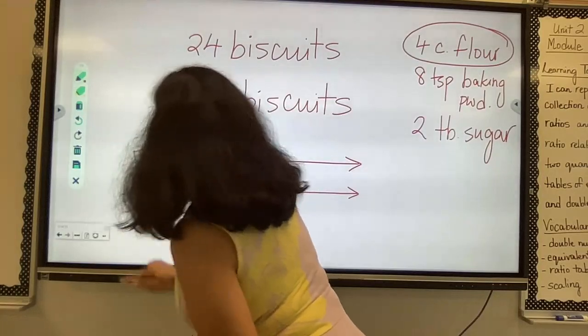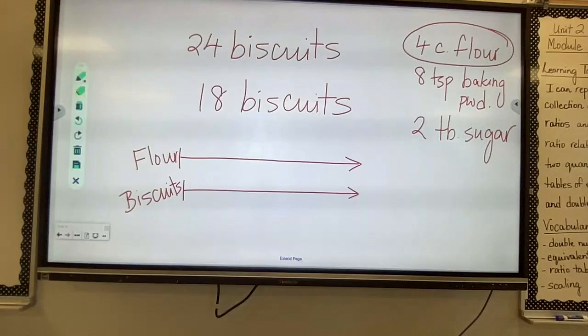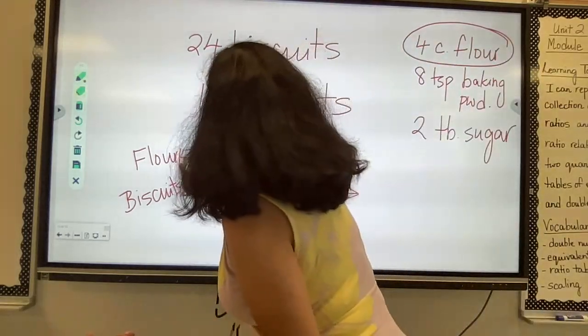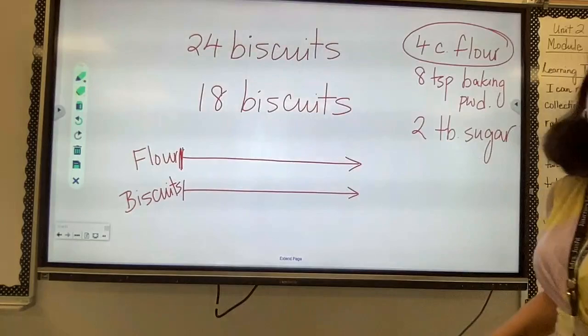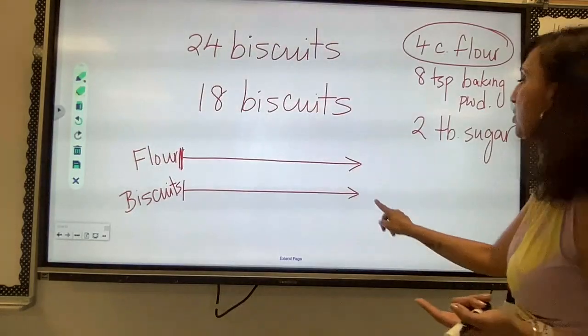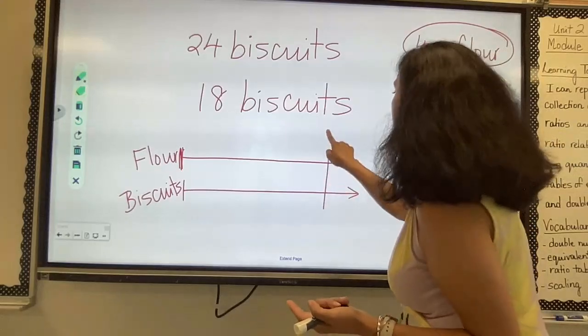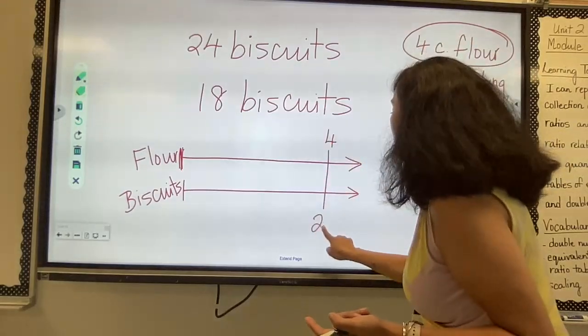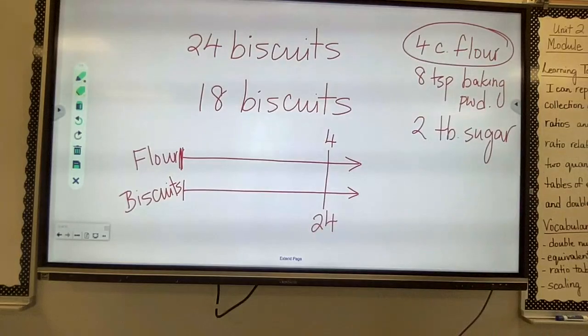All right, so that is what a double number line looks like. And to make 24 biscuits, Portia needs 4 cups of flour. So this is 4 cups of flour for 24 biscuits.